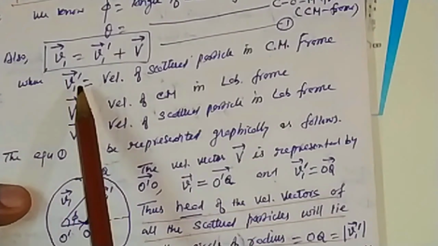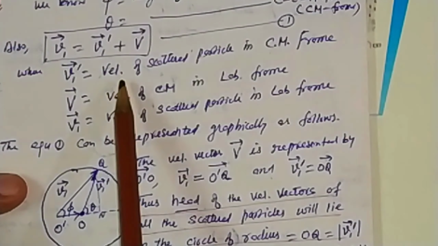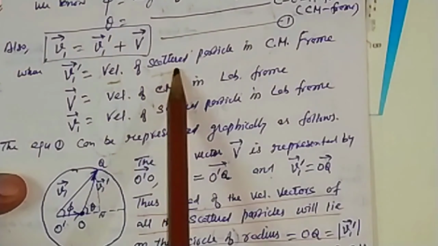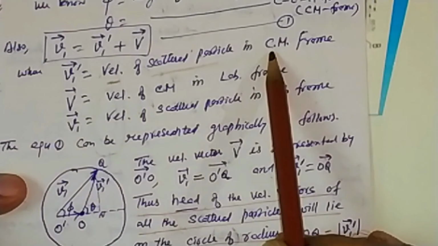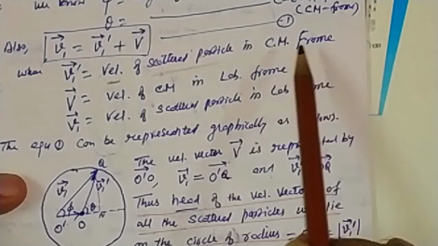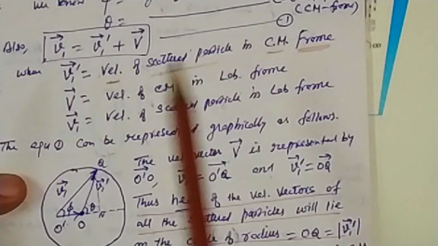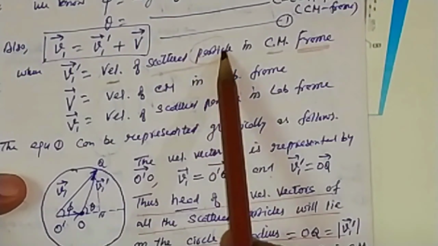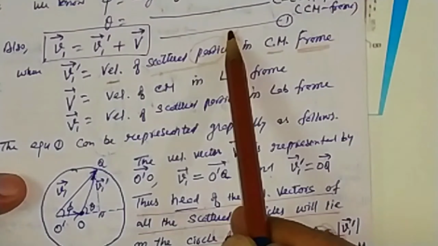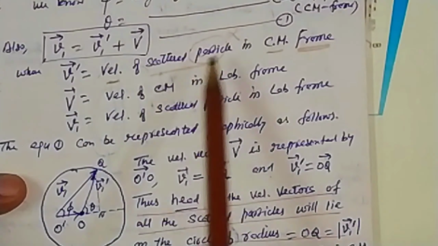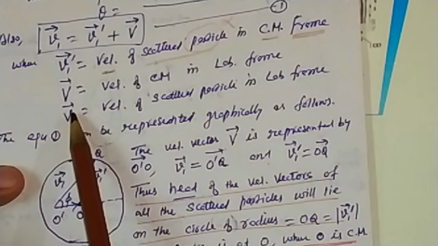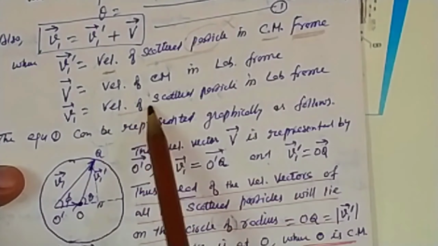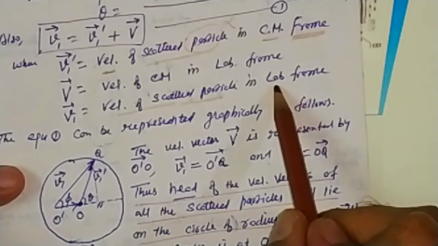Here v1 dash vector represents the velocity of the scattered particle in the center of mass frame of reference. What is the scattered particle? That is the alpha particle. So it is the alpha particle's velocity in the center of mass system. And what is the v1 vector? It is the velocity of that scattered particle in the lab frame.